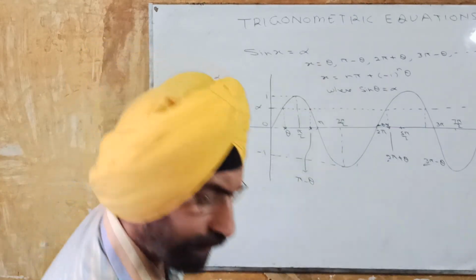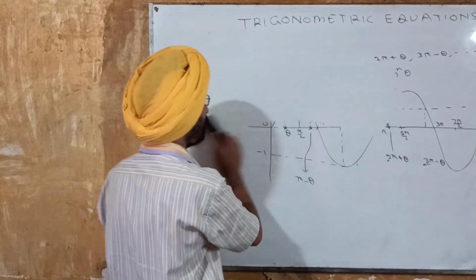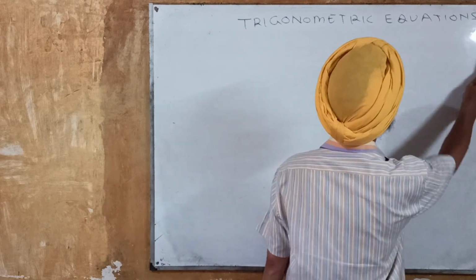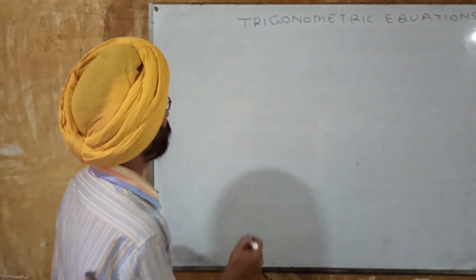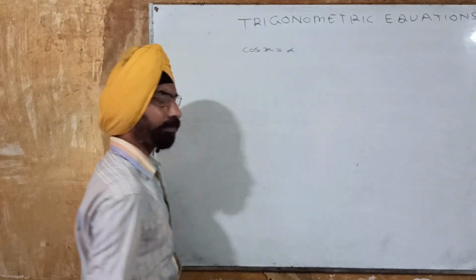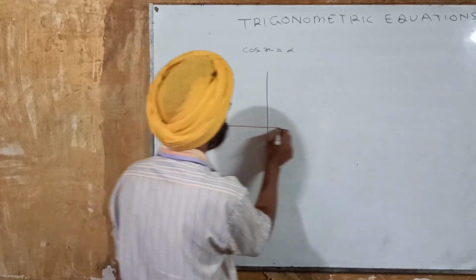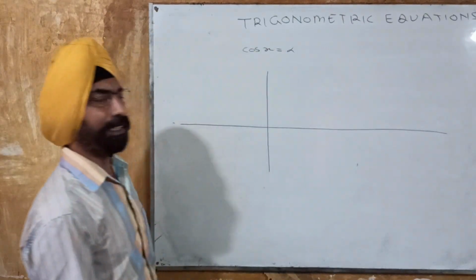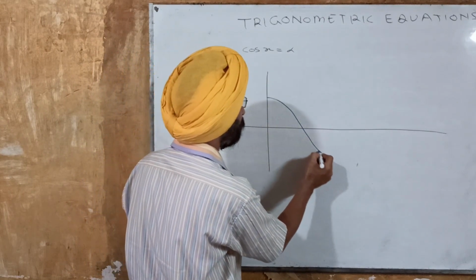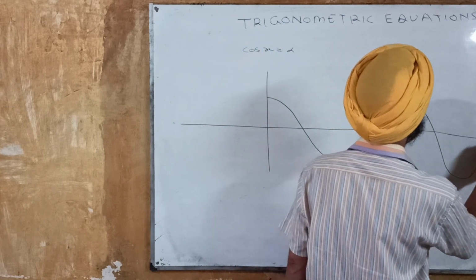Similarly, if you are given cos x is equal to alpha, what will happen? Suppose you are given cos x is equal to alpha. Now you will have to consider the graph of the curve cos x, and we know that the graph of cos x is something like this.